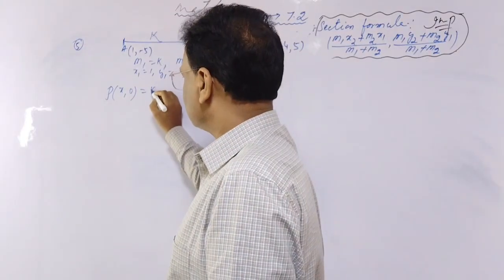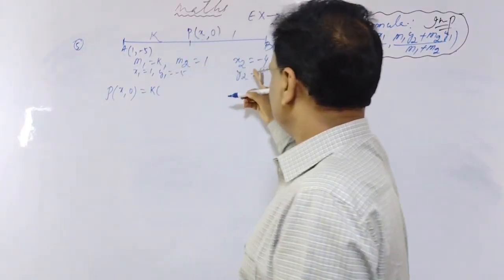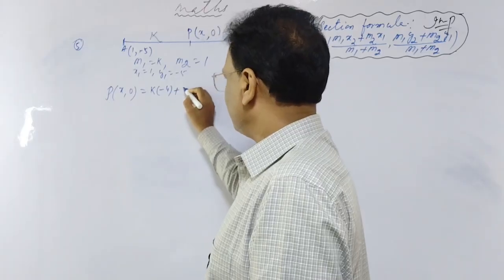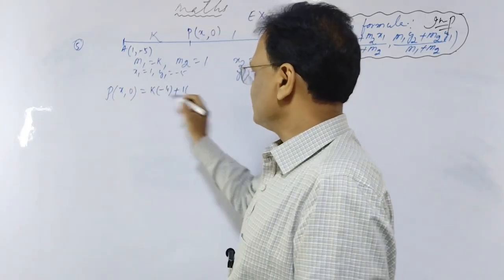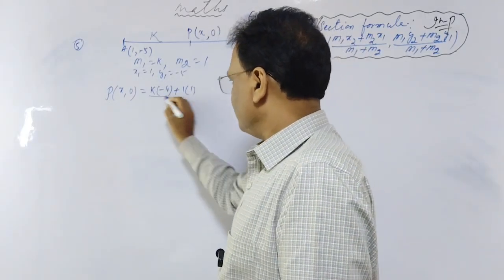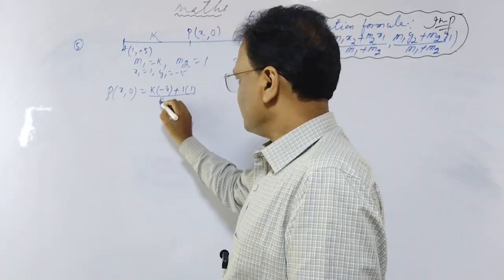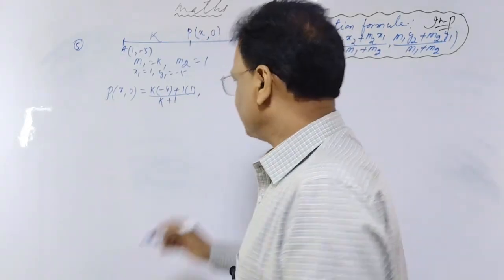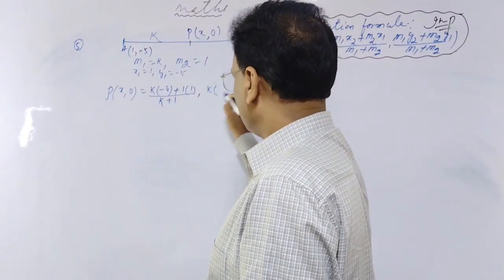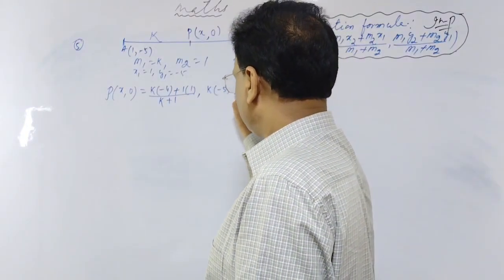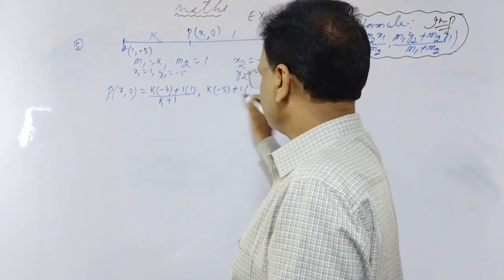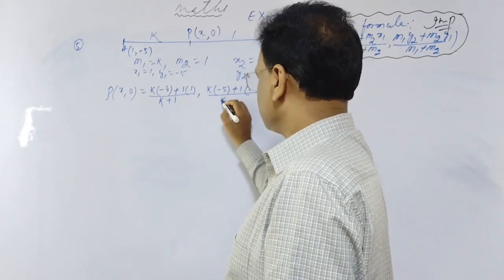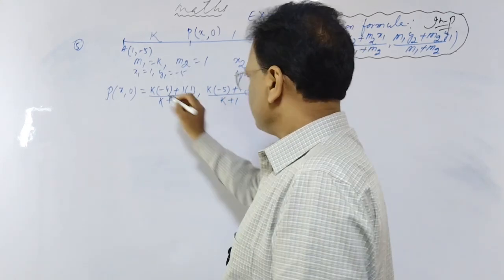What is m1? m1 is k. x2 is minus 4. x1 is 1. My x coordinate over y coordinate is m1 y2 plus m2 y1 divided by m1 plus m2, which means k plus 1.